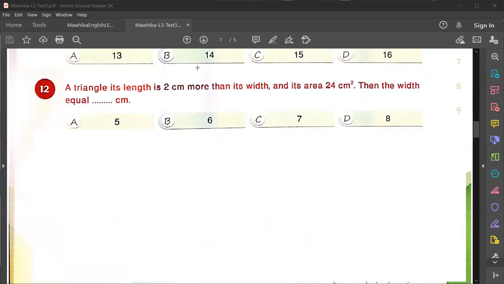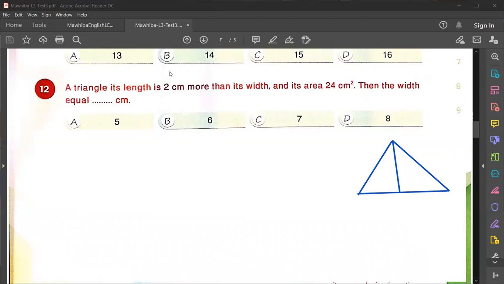Okay, now, again, please. A triangle, its length, not length, but I don't know why I wrote length. We write it as base and height. More than its width, but there is no width. Width is for a rectangle, not a triangle.